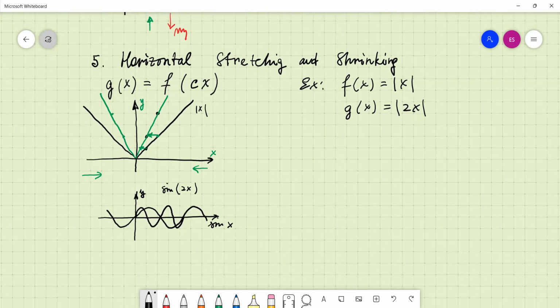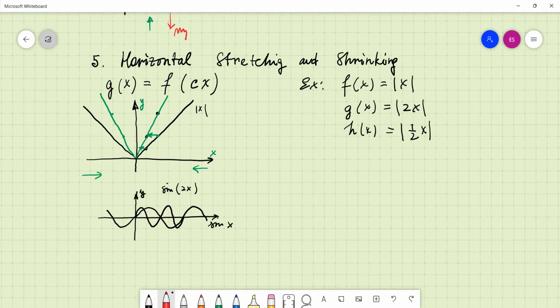Well, if the number here is a fraction, let me make a different function. If it's 1 over 2 times x, everything is going to change to the opposite, and I'm going to just multiply by 1 over 2. So when x is equal to 1, the result is going to be 1 over 2. When x equals 2, the result is 1, and that's going to give me another absolute value, but looking slightly different.